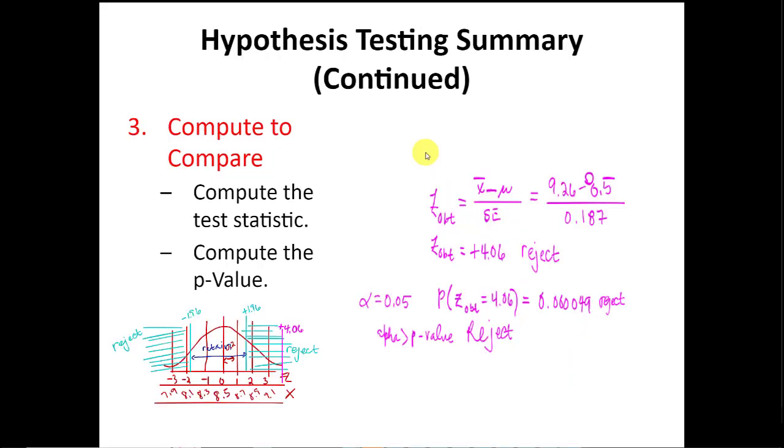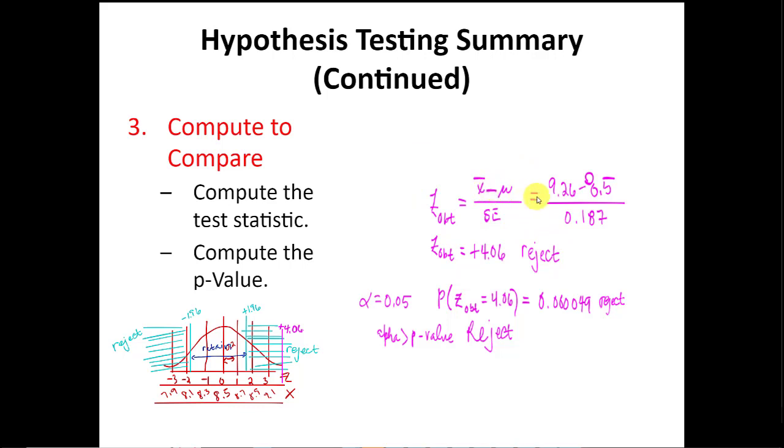Okay, so for the next step, I'm going to go ahead and compute my z obtained and compare that to my ZCrit, and I'm also going to compare the probability of getting that z obtained to my significance level or my alpha. Here in this section, I went ahead and plugged in the values.